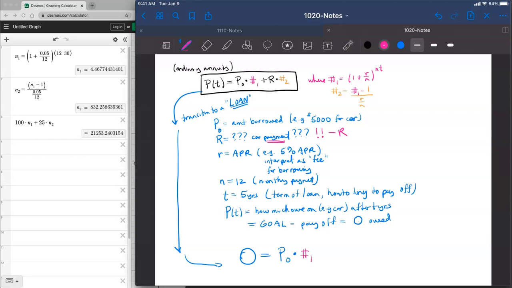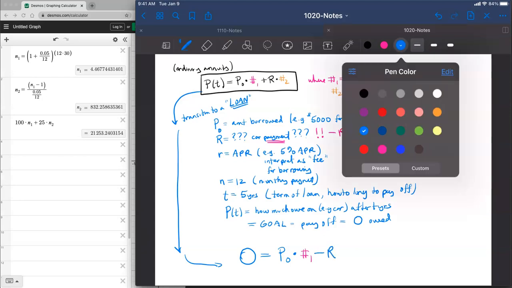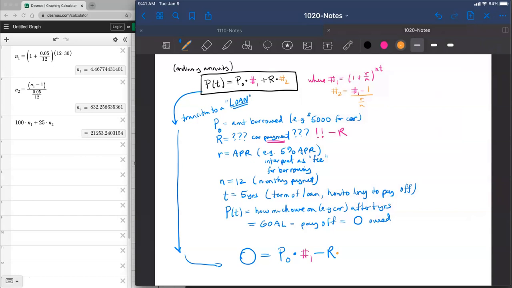And then our payments are going to be minuses, so that's minus R times number 2. Basically the idea here to find the loan formula is to simply solve for the variable R.